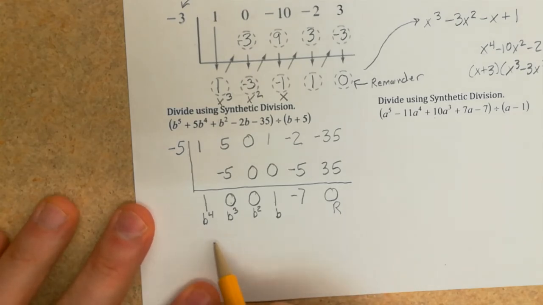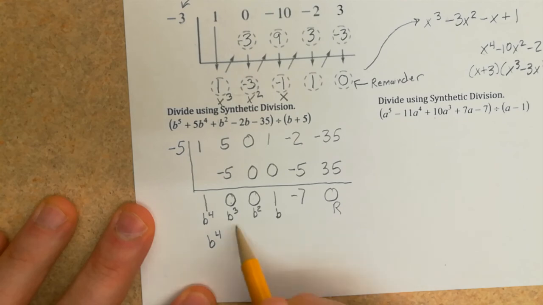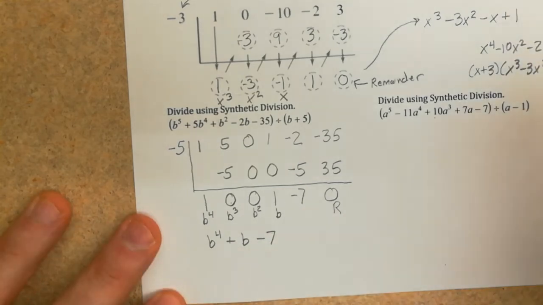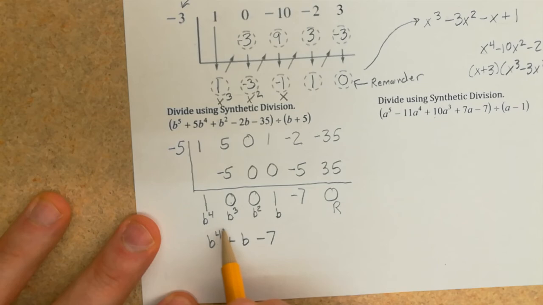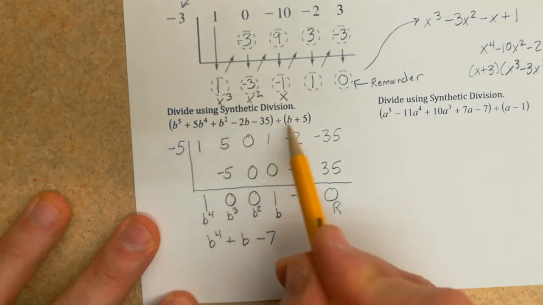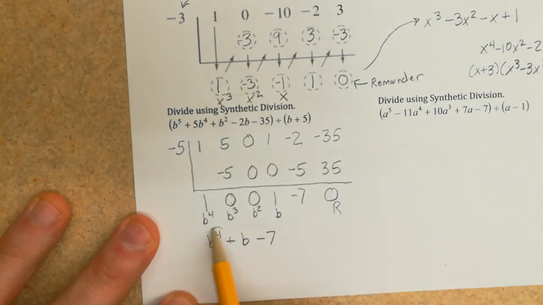So what this results in is 1b to the fourth, or just b to the fourth. I don't have to write those down because they're just zeros. They have coefficients of 0. And then I have a plus 1b, which I can just write as b, and then I have a minus 7. So this is the answer. That is the result of this polynomial being divided by b plus 5.